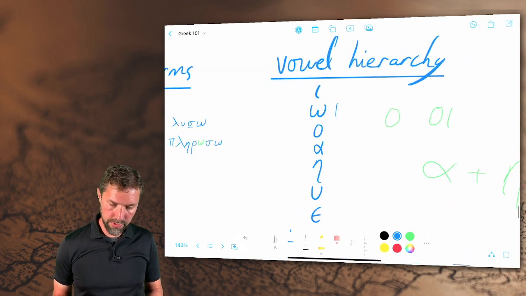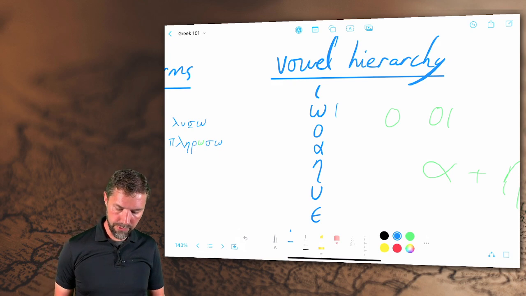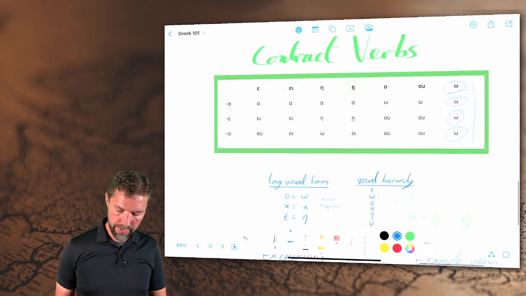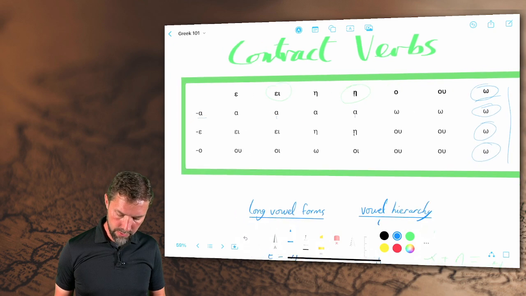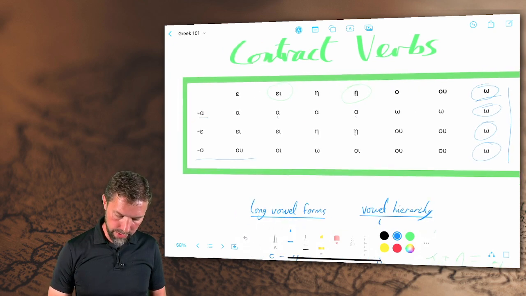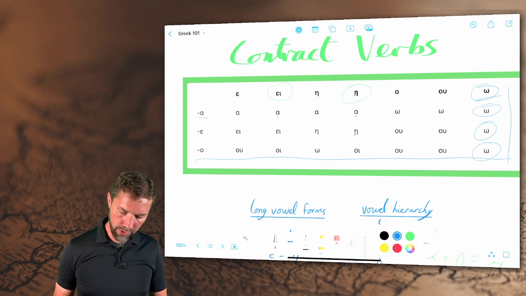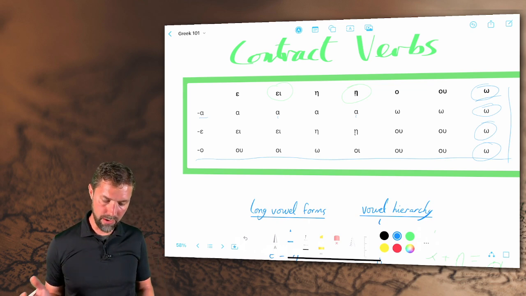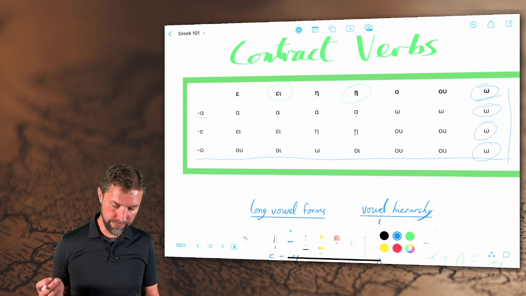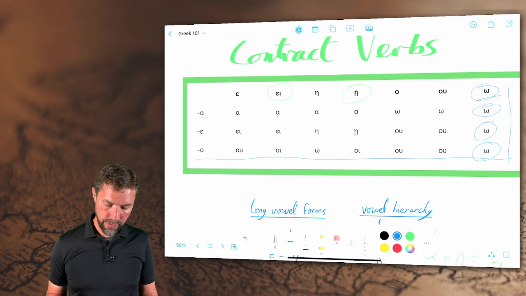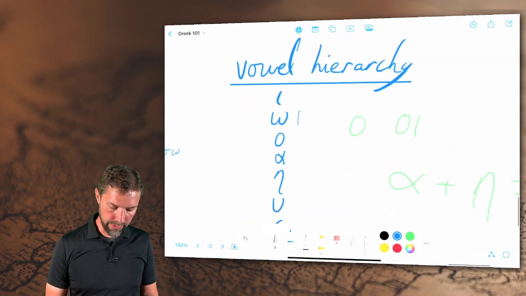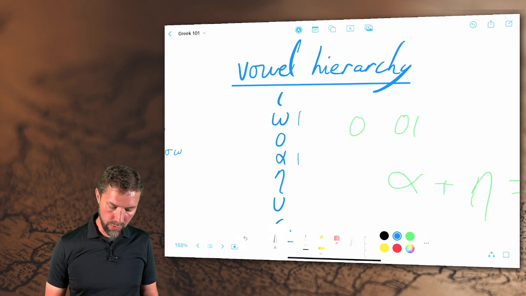And my omicron is also a strong form, so let's jump across to over here. If I'm comparing up here, look across this bottom row, and I will just observe that the omicron combined across, I'm always ending up with a form that has an omicron in it, right? That omicron is very much getting retained as we work across. So that's why I've given it a next level in the hierarchy, followed by the alpha.